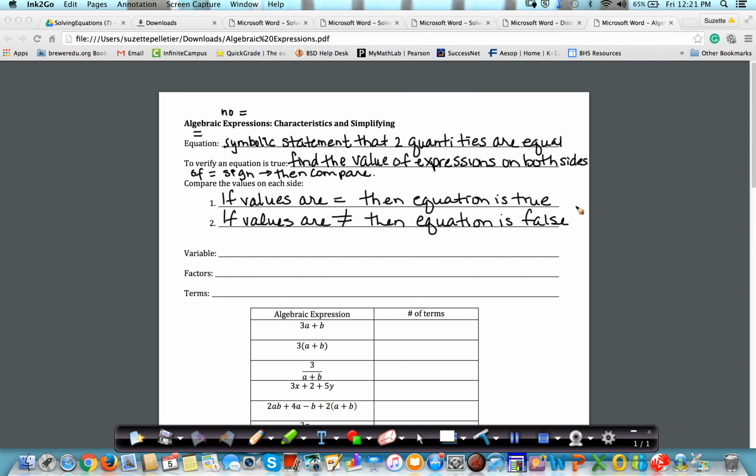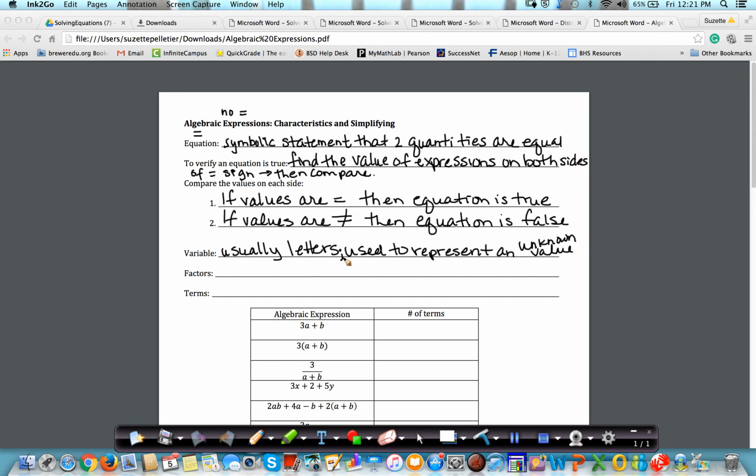Other terms you're going to hear me say that you're going to need a little bit of reminder on is what a variable is. Variables are usually letters. They don't have to always be letters. Sometimes they're symbols, but they're usually letters used to represent an unknown value.